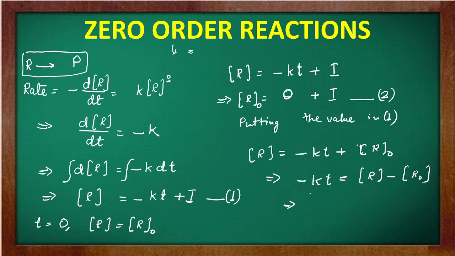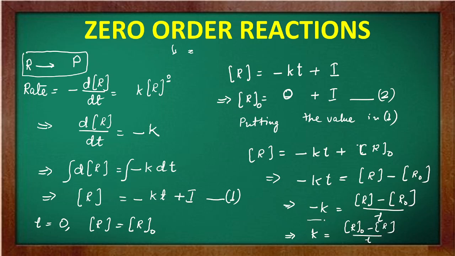Now derive the value of k. You will get minus k is equal to [R] minus [R]0 by t. Just reverse it. What do you get for the value of k? You will get k is equal to [R]0 minus [R] by t, and this is known as your integrated form of the zero order reaction.